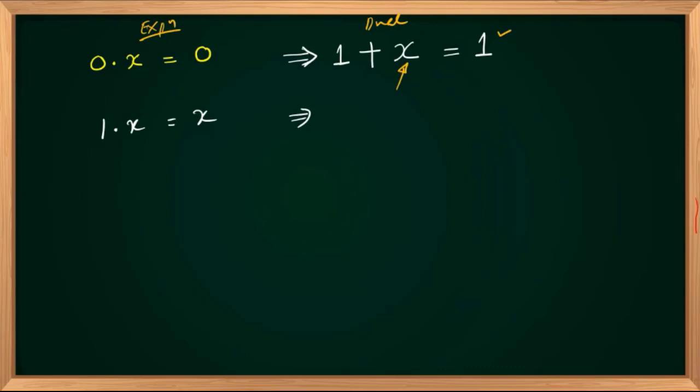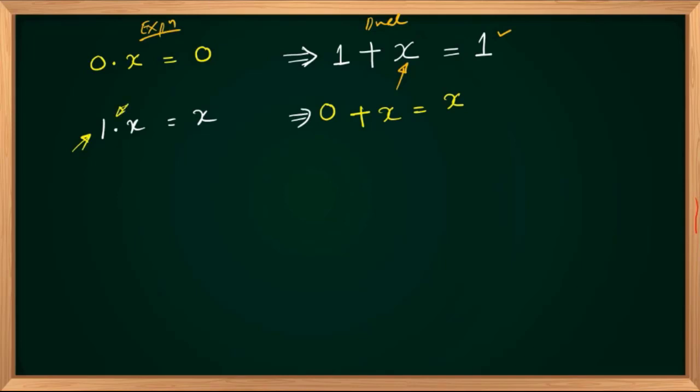What is the dual of the given expression? Sorry, I should take the dual expression. While taking the dual, logic 1 should be replaced with logic 0, and the AND sign should be replaced with the OR sign.